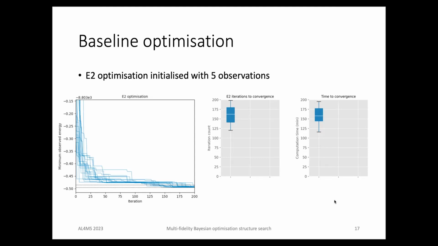And so to compare optimization methods, we chose a threshold value, and then we looked at how many iterations or how much time it takes until optimization converges so that we observe an energy below this value. And for example, in this baseline case, it took between 125 to 200 iterations. And we represent those results with standard box plots.